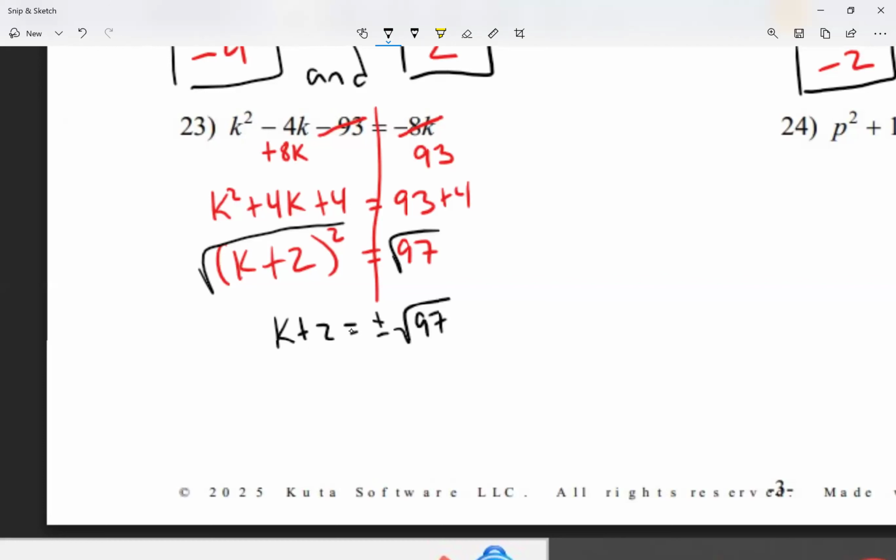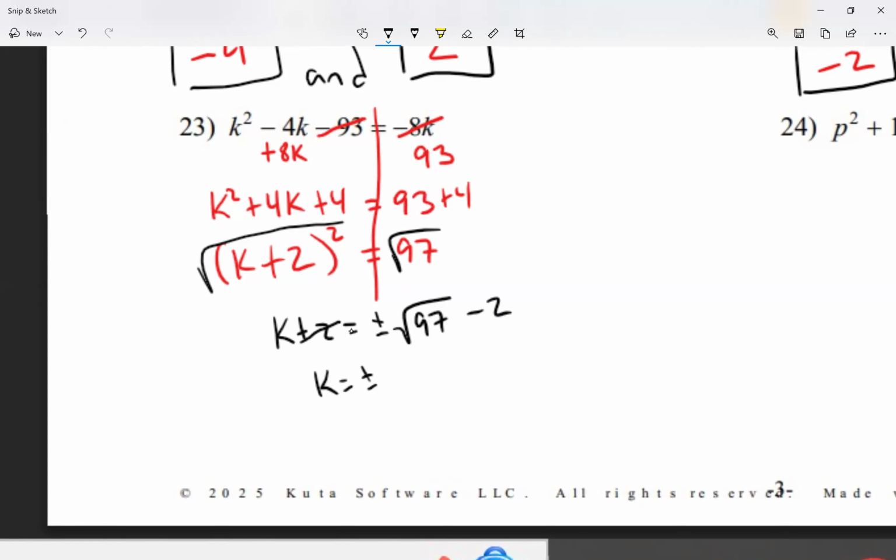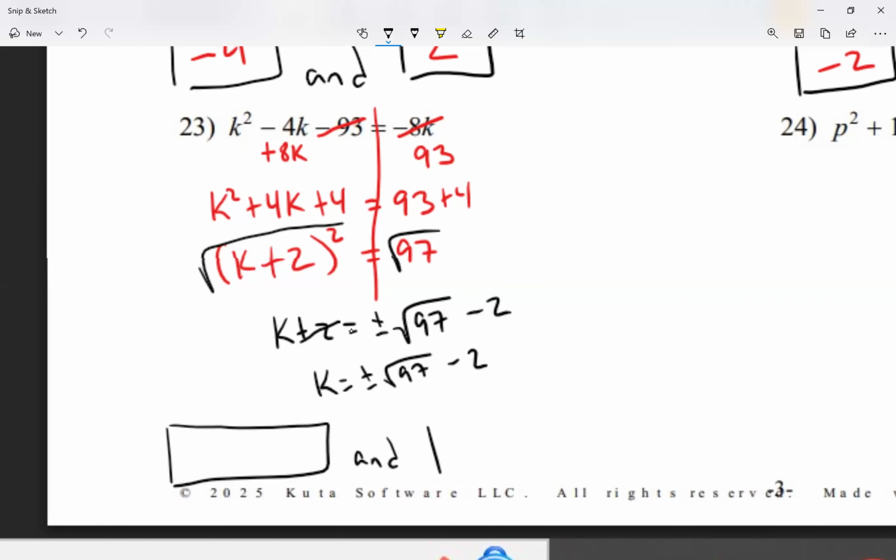simplify this. And then to have my k by itself, this plus 2, let me move it over as a minus 2. So I have that k is equal to positive or negative radical 97 minus 2. So I'm just going to say, well, my first box, because I see on my homework, it seems like I have two boxes in the word and in between.